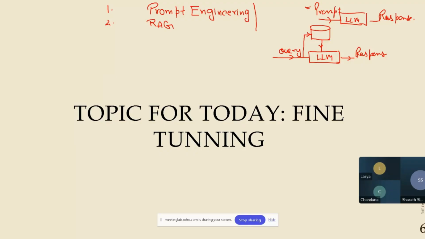Every company building solutions in Gen AI, definitely 100%, is directly or indirectly using the RAG architecture. Then after that, we have another very important concept. I'm not talking about only these three, guys. Apart from that, we have many other concepts also, but these are the more common important concepts. And the third thing is fine tuning.